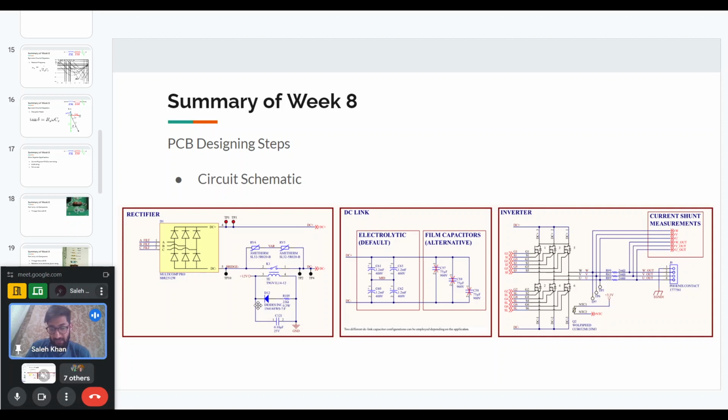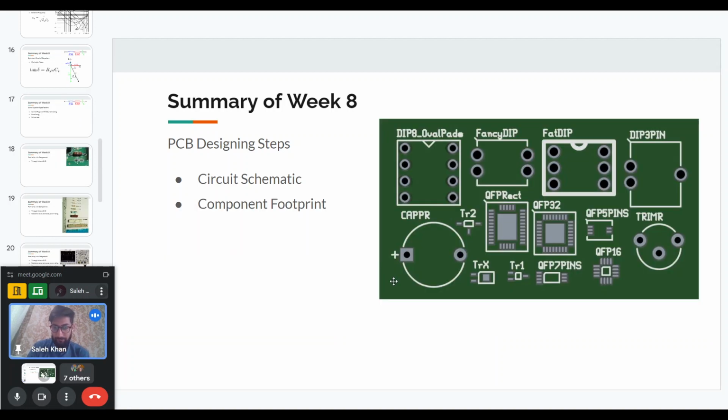And then the second step is that the different components that you have have to be assigned what is called a footprint. Each component has to be assigned a footprint. Footprint is basically the dimensions and the pins that will be occurring in the actual component.